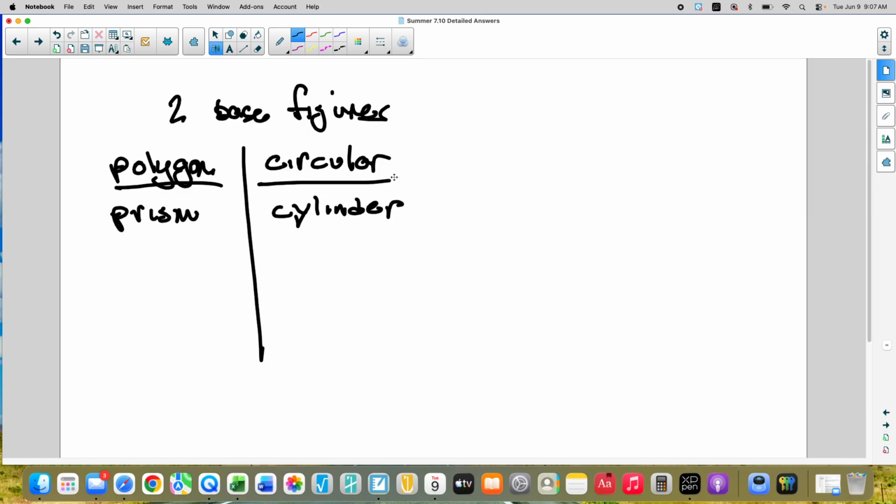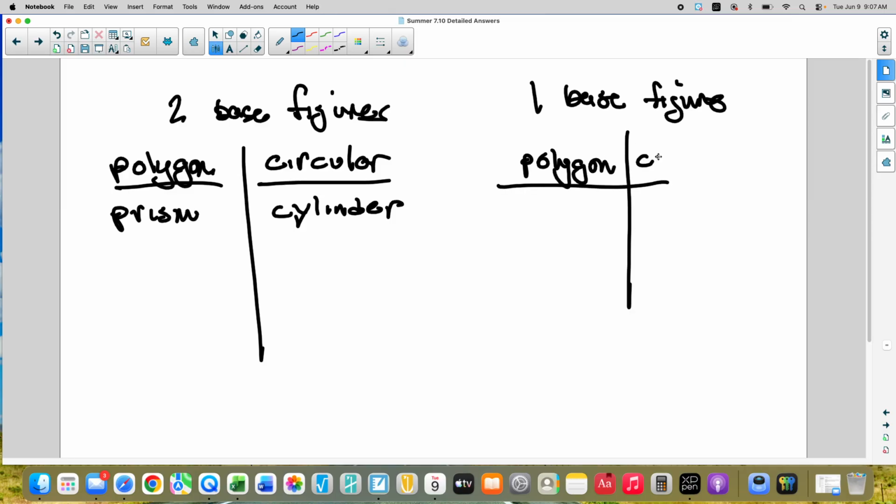When you have a one base figure and you have a polygon base as opposed to a circular base, a polygon base with a one base figure is called a pyramid.